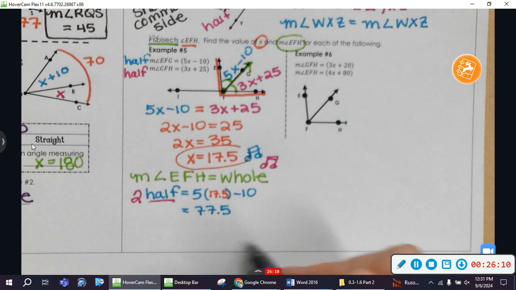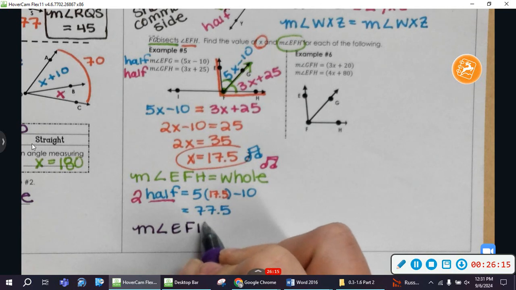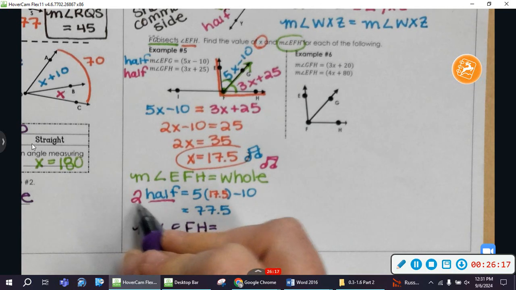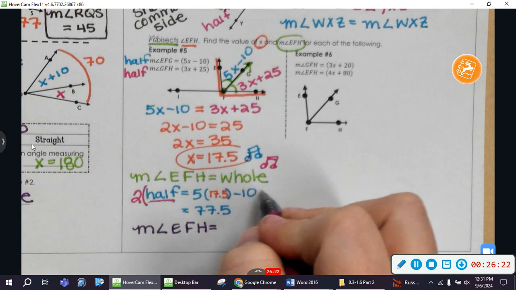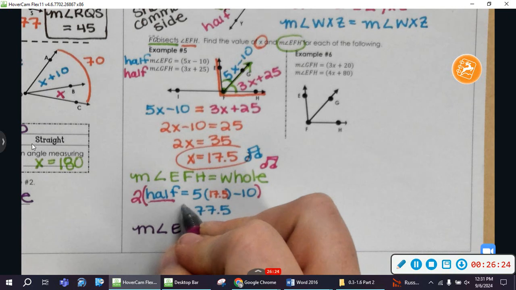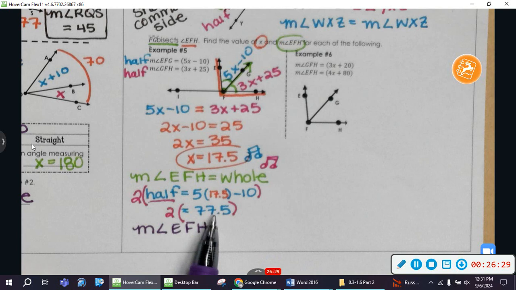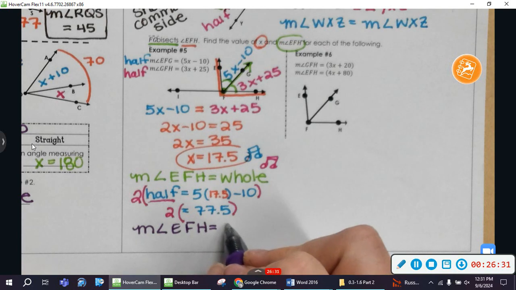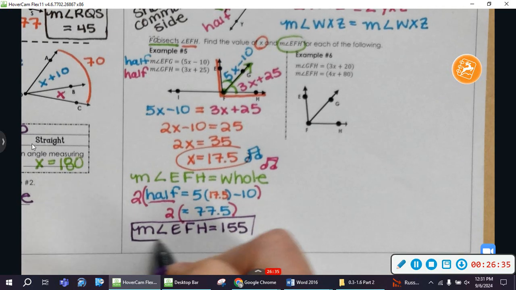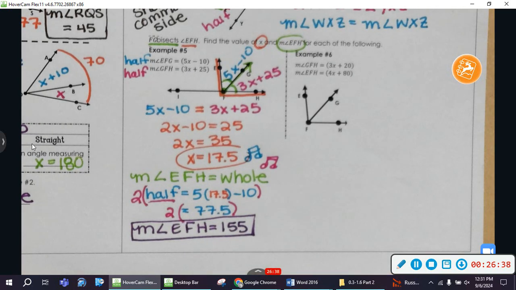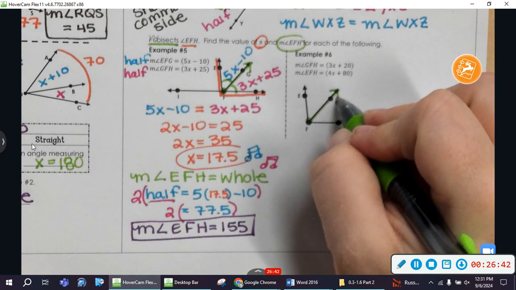So we could say that our final angle measure for EFH is 2 times, let me write it this way, just so that y'all can see what happened, 2 times the 77.5 for a total of 155.